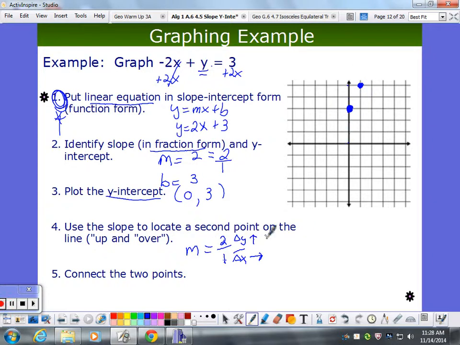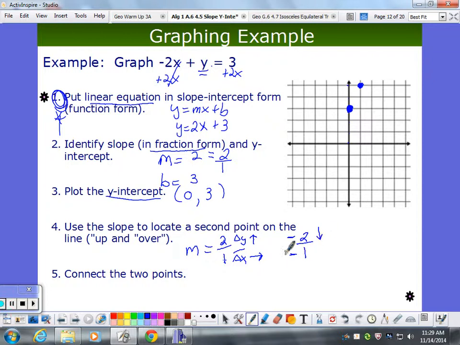So here's where understanding how negatives work comes in. Tell me this: if I have 2 over 1, is -2 over -1 equivalent? Yeah. What's a negative over a negative? Positive. Okay. So now I still have change in y over change in x. Up, down. Negative is which direction? Up or down? Down.